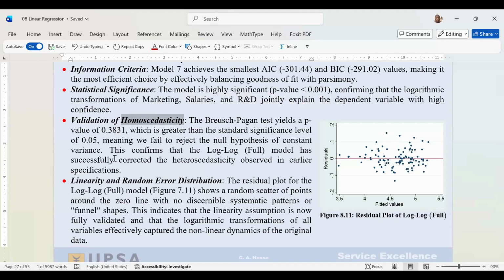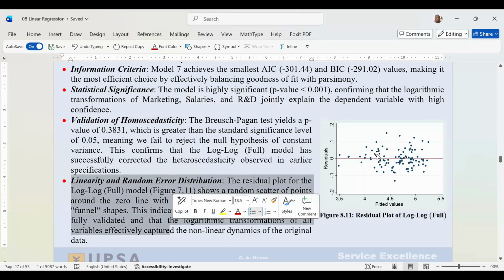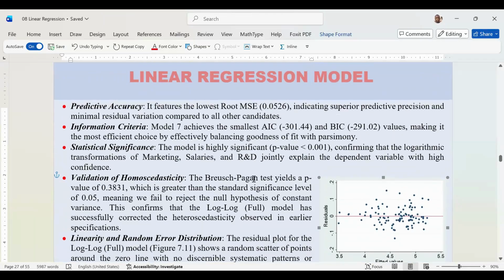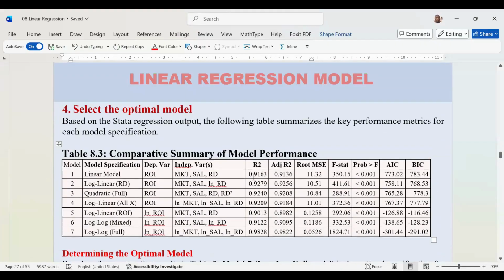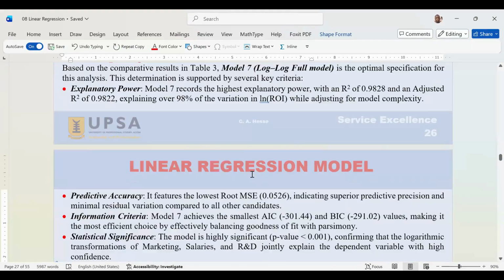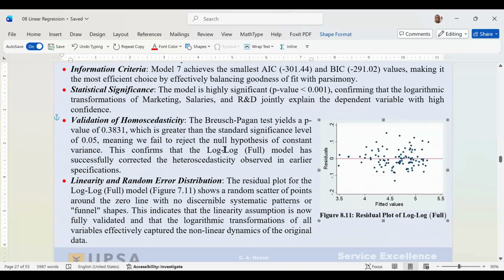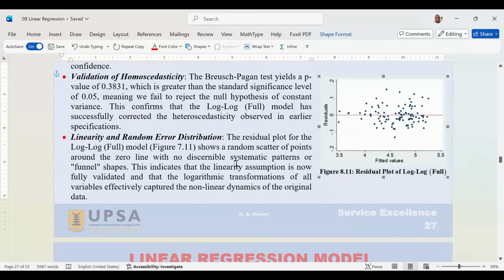It has also resolved the problem of linearity. You also plot the linearity curve, and that's what we get. The assumptions that were violated have all been validated now in our new model. Can you see that?